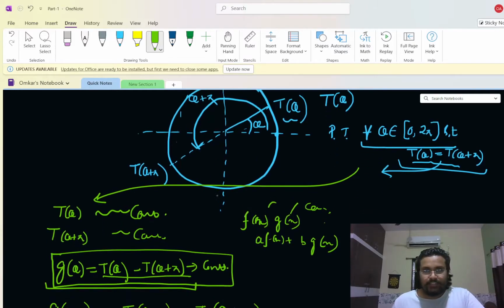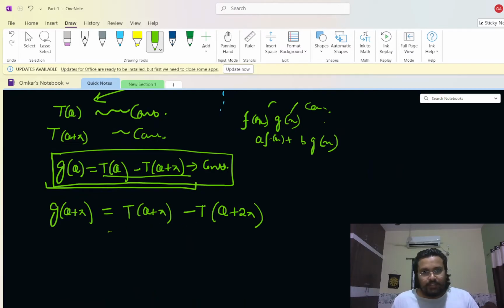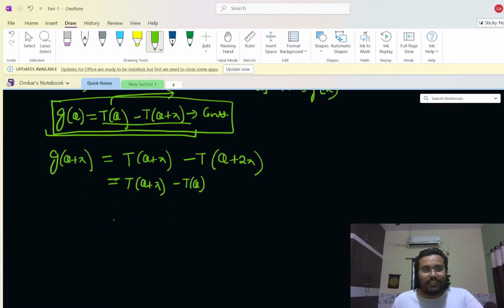It's the same thing, it's the same point, right? So this is effectively T of theta plus pi minus T of theta. We have seen this somewhere before. This is just g of theta. In fact, this is the negative of g of theta, minus g of theta. So I am seeing that this difference function is effectively changing its sign.